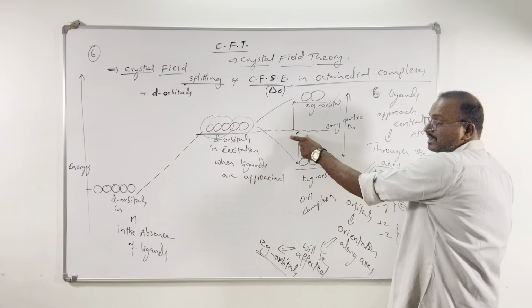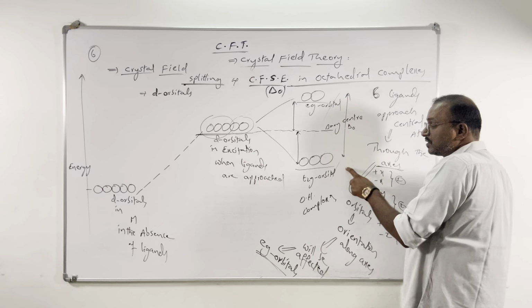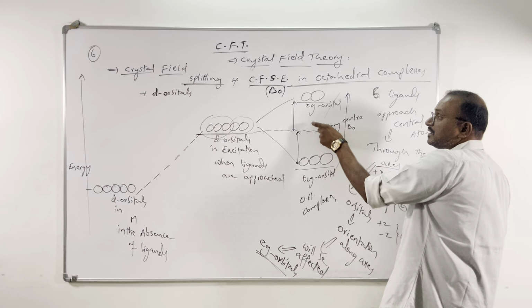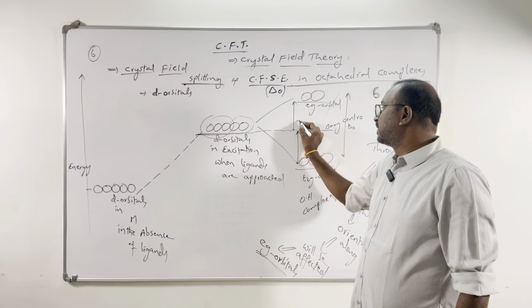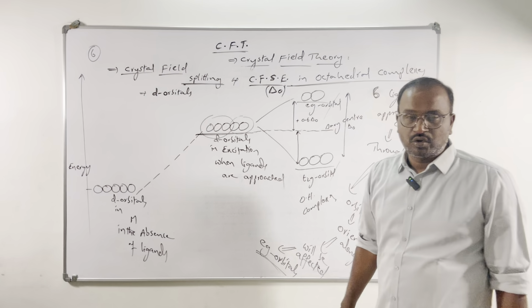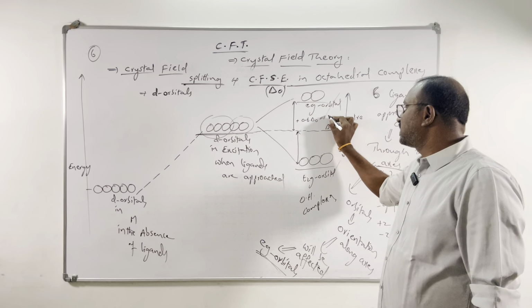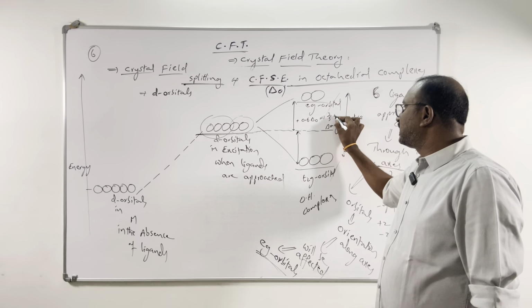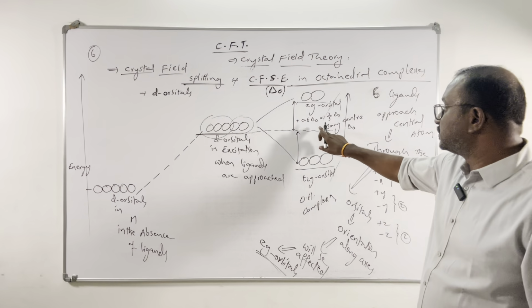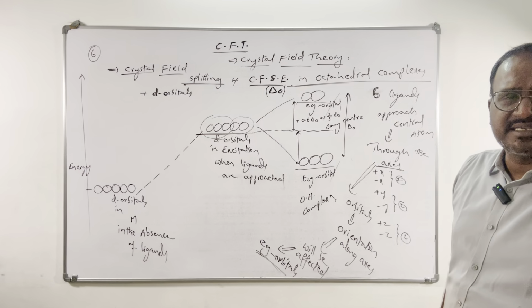From the barycenter, the Eg orbitals have plus 0.6 delta O. You can say it is 3 by 5 delta O. 3 by 5 is 0.6, since 5 times 6 is 30.